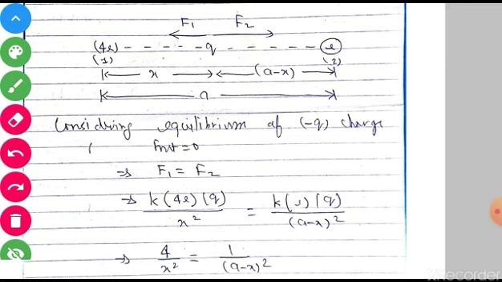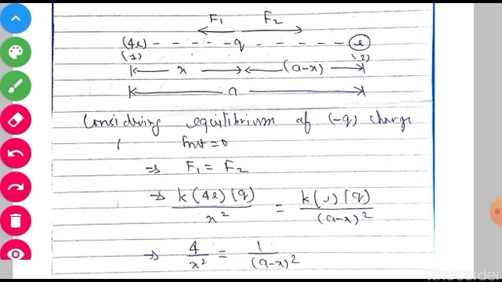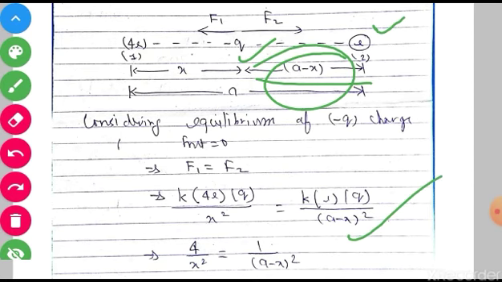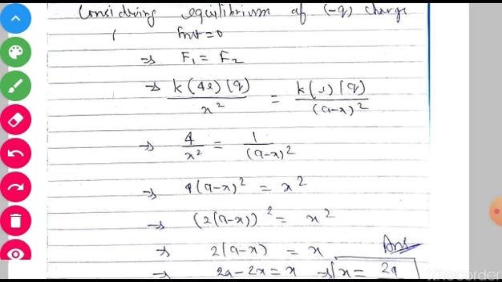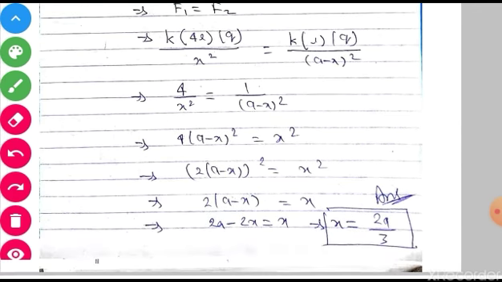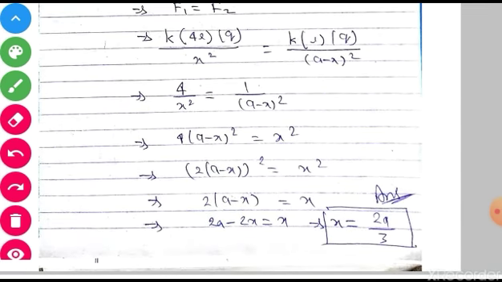So K 4e Q. Now, what is the distance between these two? X. So here is the x square. Now again for the other pair, here the charges are e, Q, and the distance is a minus x. Solving this whole equation, we will get x equals 2a by 3.